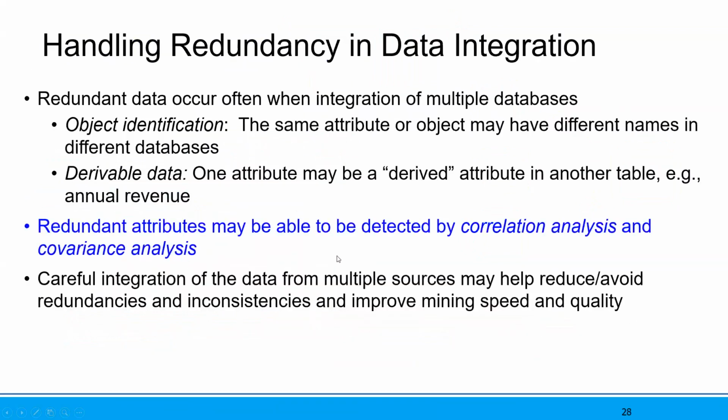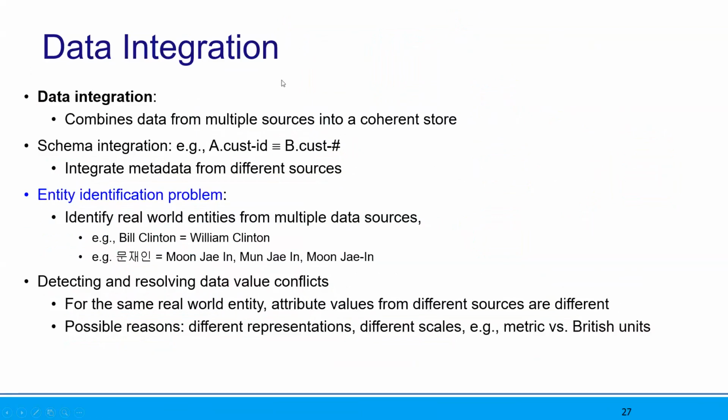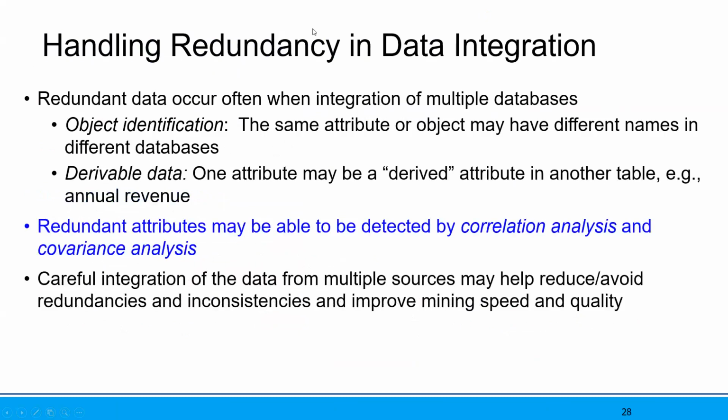And also, there might be some redundancy. This kind of data will cause redundancy. Maybe it looks different, but actually they are the same. So we can check this redundant data when we integrate multiple databases by object identification.